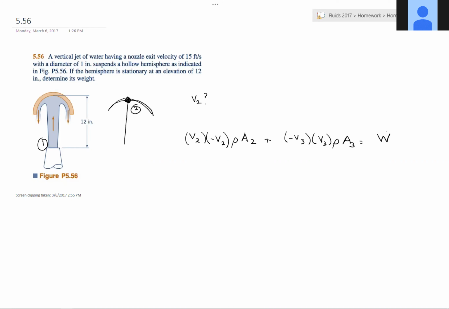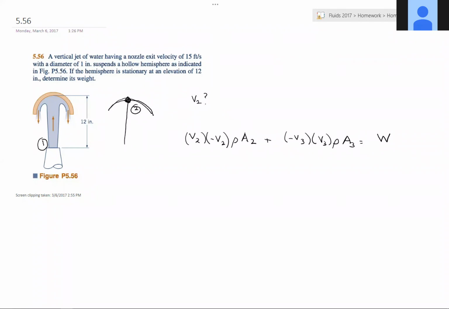Now, what they have in the solution, so where is A3? A3 is what's dripping down from the umbrella. It's a hemisphere, but it's the whole surface where it's dripping down, the inside of the hemisphere.